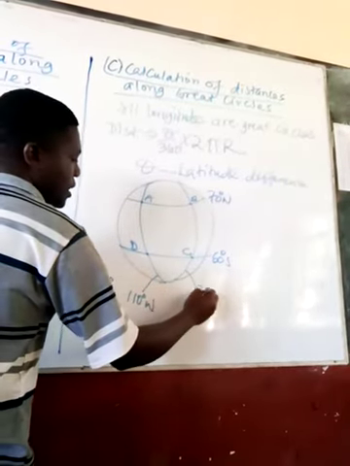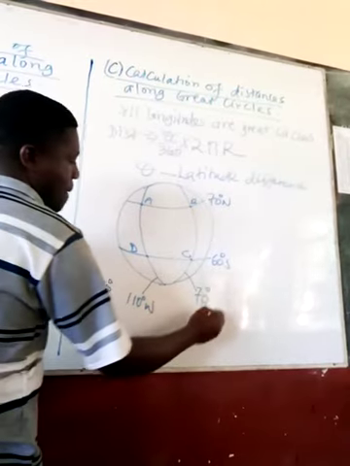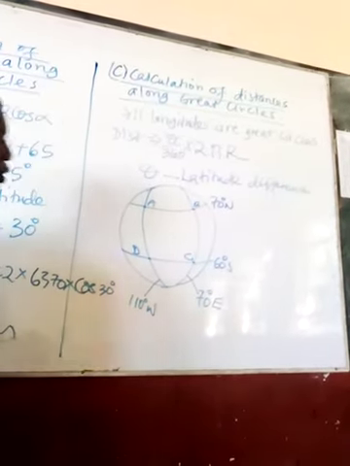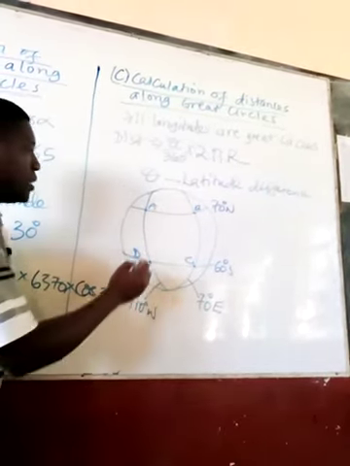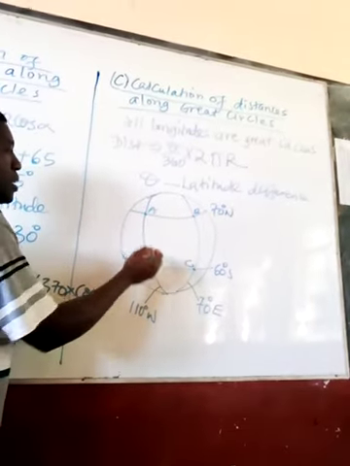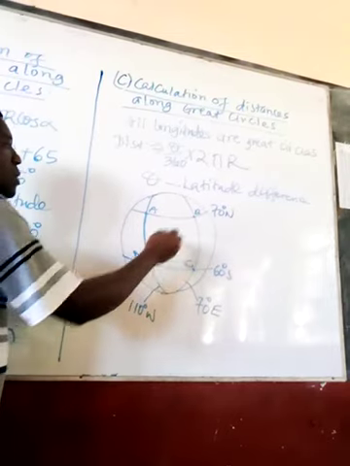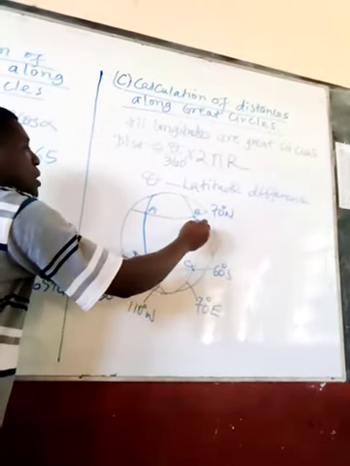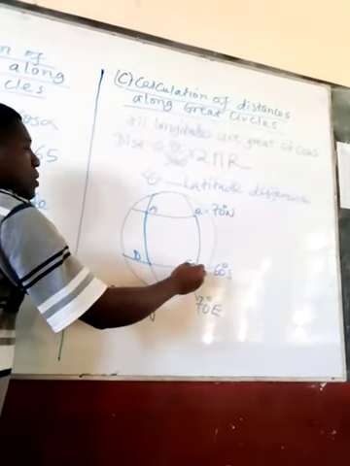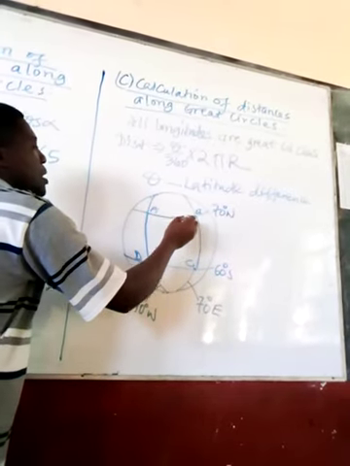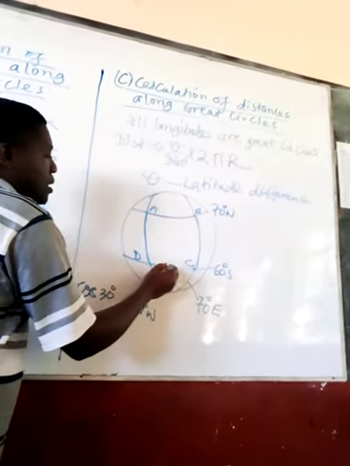This is 70 degrees east. Assuming that you want to get the distance from A to D, you see these are along a great circle. We are moving along a great circle, and from B to C, we are also moving along a great circle. But from A to B, these are small circles.